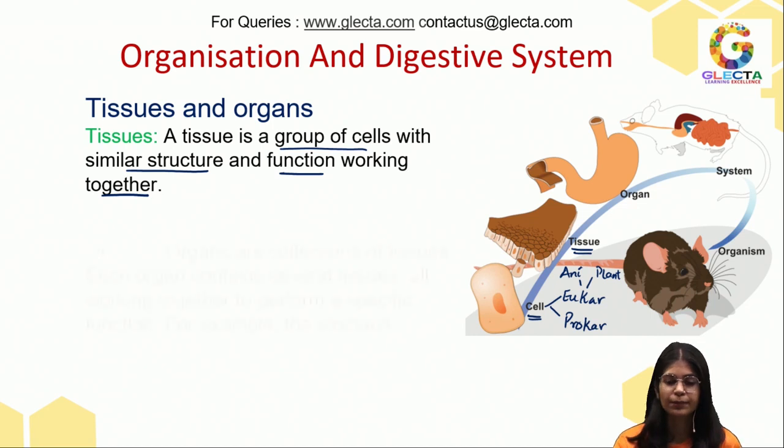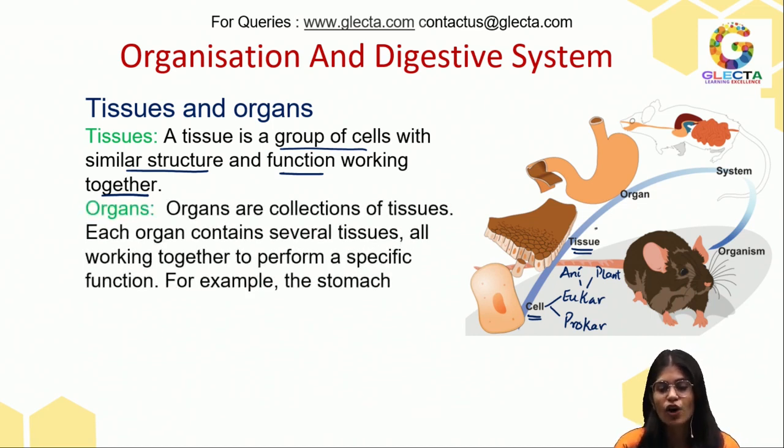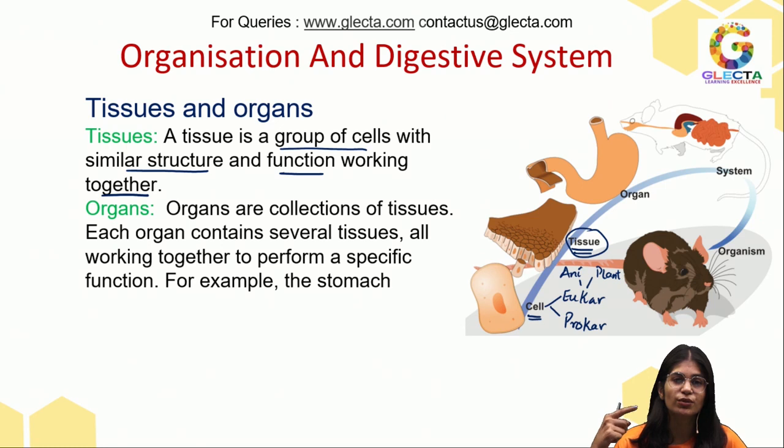Similarly, what will happen if a lot of tissues working on the same kind of system work together in an organization? For example, there may be some skin cells, some glandular cells, some layers of different kinds of mucus.